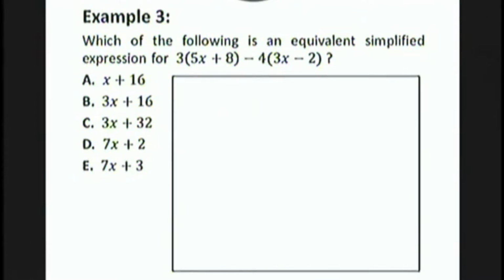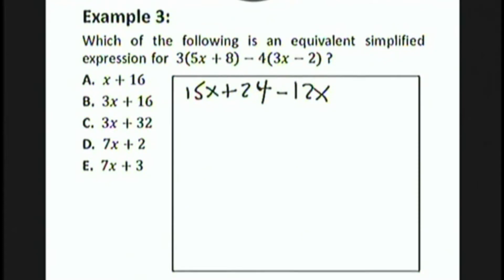Okay, let's look at a multiple choice example. Which of the following is an equivalent simplified expression for 3 times (5x plus 8) minus 4 times (3x minus 2)? We're going to have to use the distributive property twice here. First we have 15x plus 3 times 8, which is 24. And then we have negative 4 times 3x, which is negative 12x.